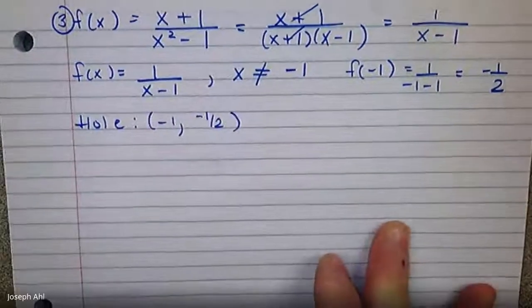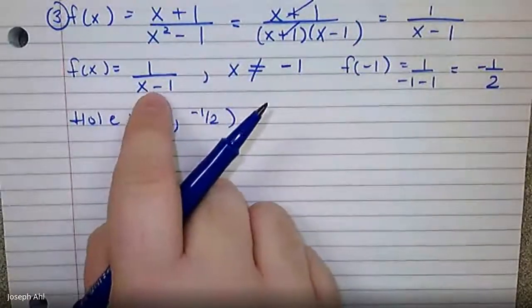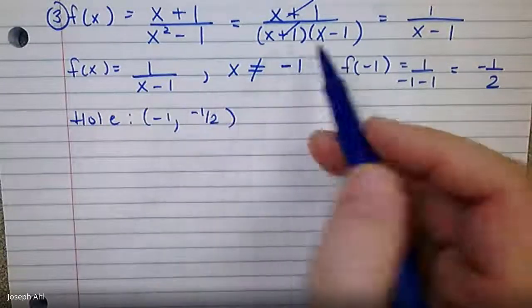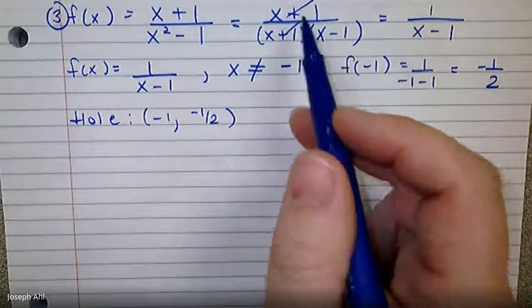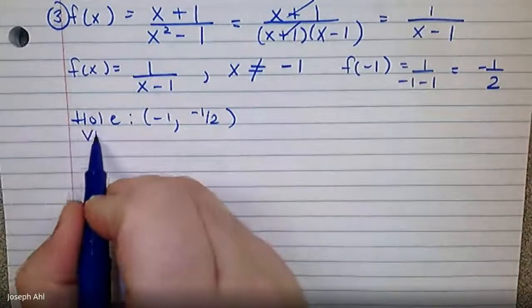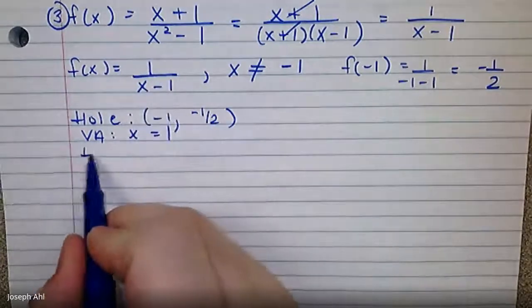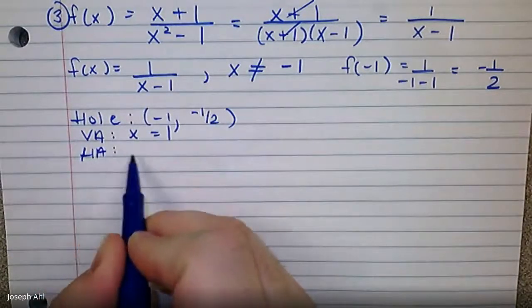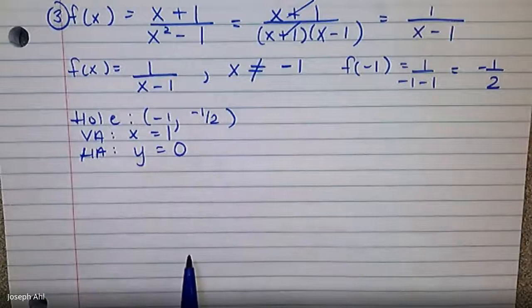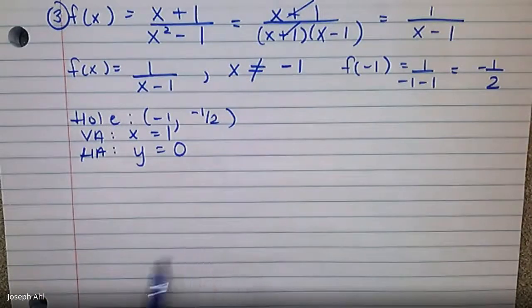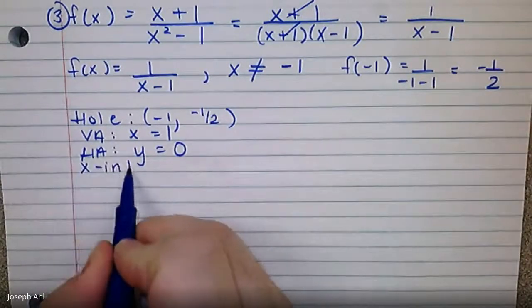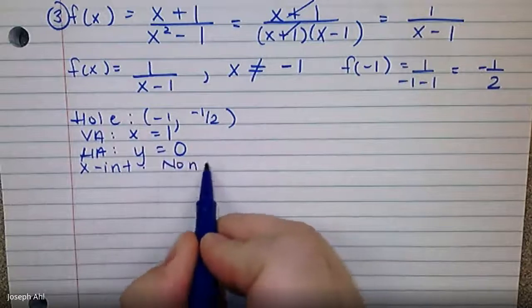But making a list of other critical info that's associated with this graph, well, it still has a vertical asymptote. Even though we canceled one of the vertical asymptotes out with the numerator, it still has a vertical asymptote at x equals +1. That's what makes this undefined. It, in fact, has a horizontal asymptote because it's bottom heavy. So we've got y equals 0 for the horizontal asymptote. As far as an x-intercept, doesn't have one of those, right?